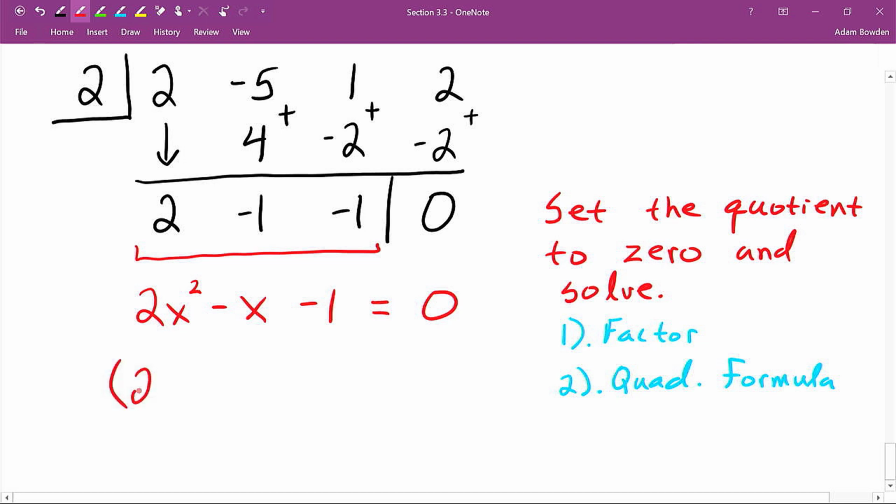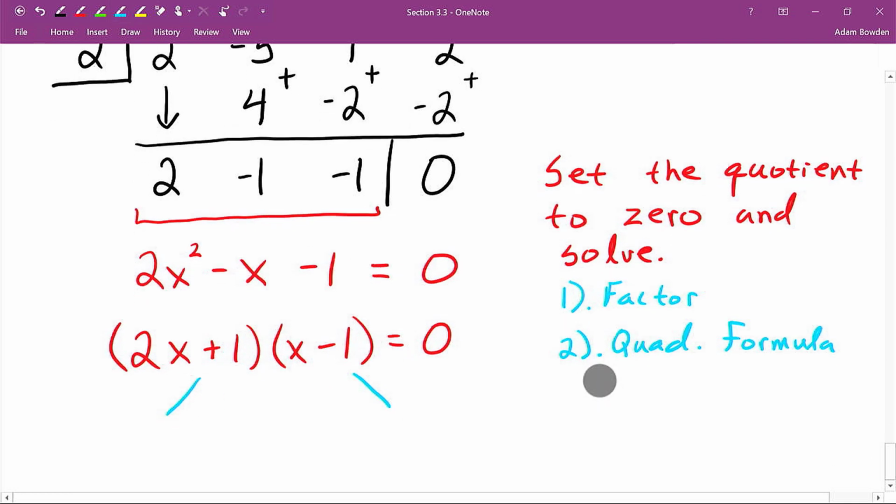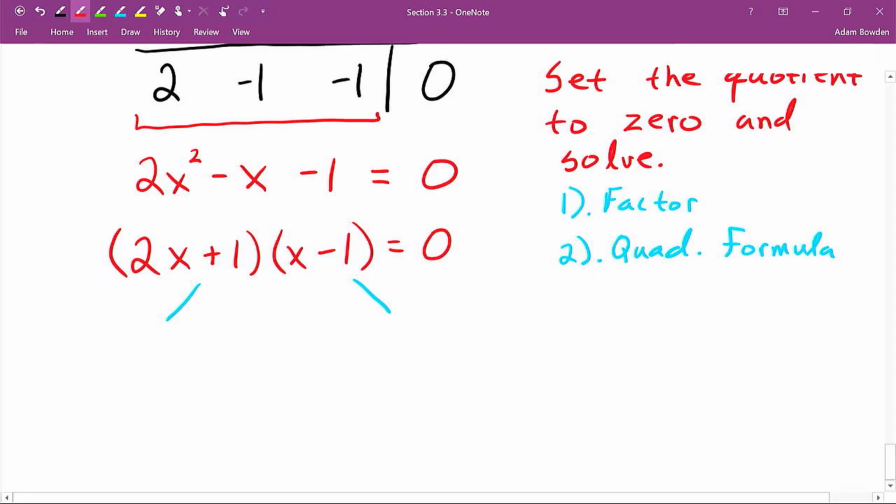Indeed, it does factor. It factors to be 2x plus 1 times x minus 1. So we have those two factors. To solve, we'll set each of those factors equal to 0. So we have 2x plus 1 equal to 0 and x minus 1 equal to 0.